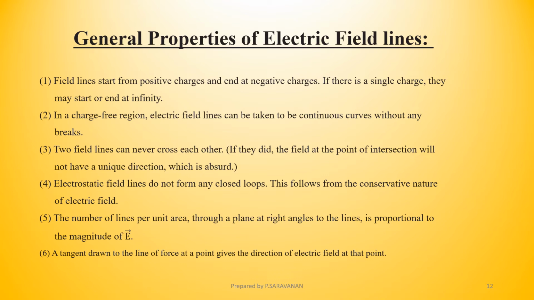The number of lines per unit area through a plane at right angles to these lines is proportional to the magnitude of the electric field E. This means that the lines are overcrowded near the charges and far separated away from the charges. One additional piece of information you must remember is that these electric field lines are also called electric flux lines.